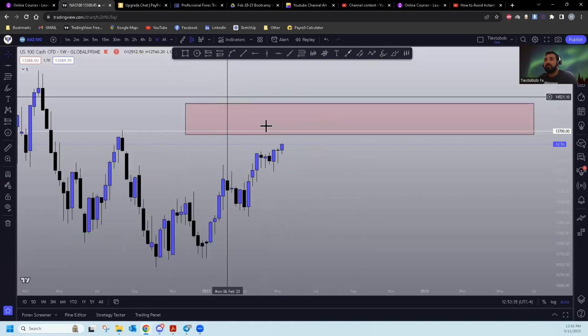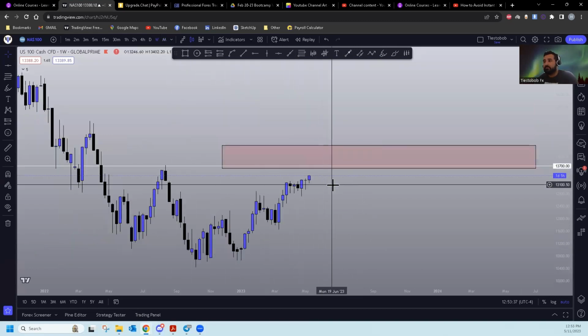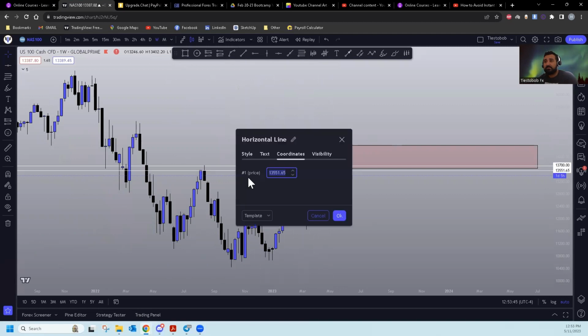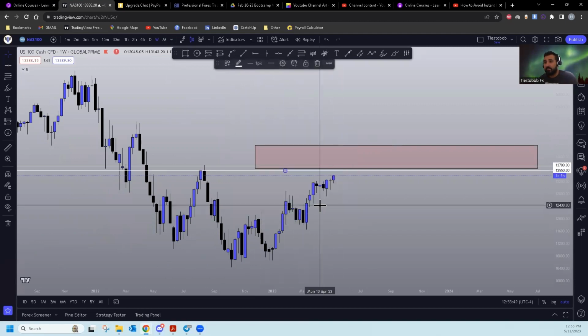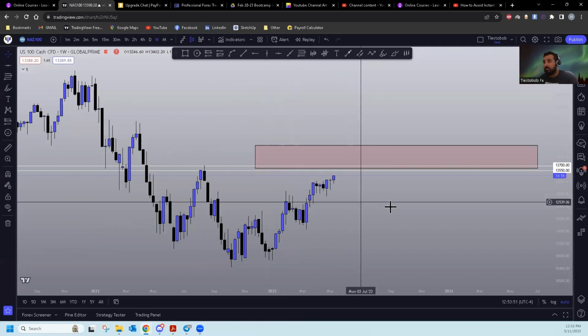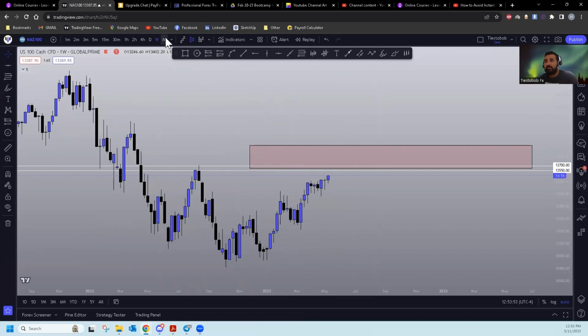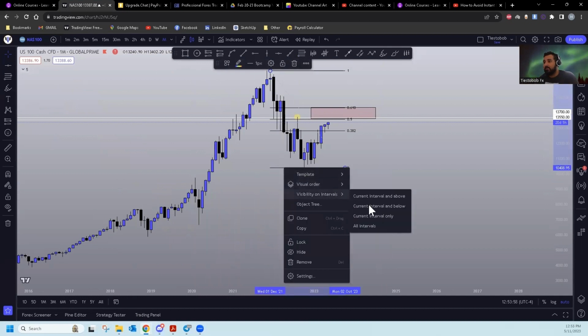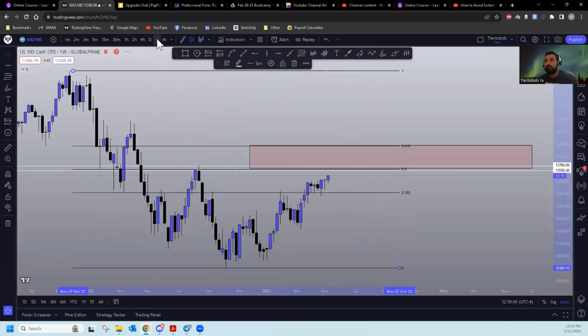Let's just drop down to the weekly. Okay, very nice. On the weekly, we see there's a psychological resistance level right over here, 13,550. Right on the dot. So you can already see that. Where did my Fibonacci go? Let me just make this available on all intervals.